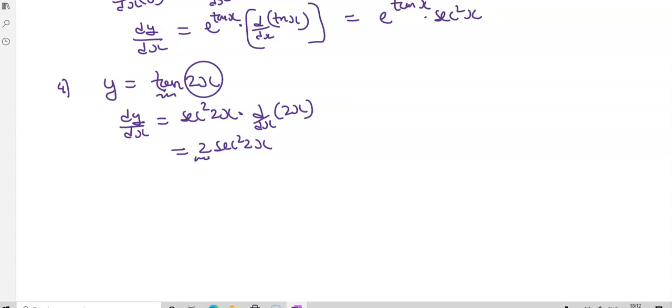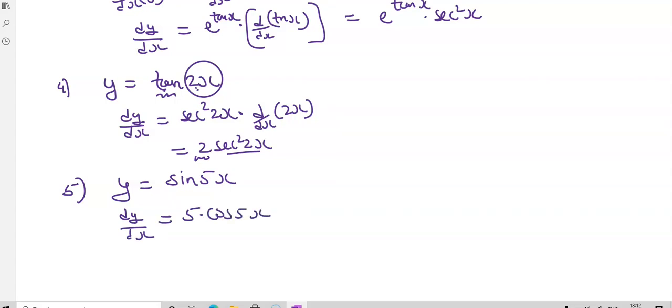So sec square, instead of x it is 2x, and the coefficient of 2x is 2. I have done this. Like we have another question, y is equal to sine 5x. So ideally dy by dx is going to be 5 coefficient cos 5x.